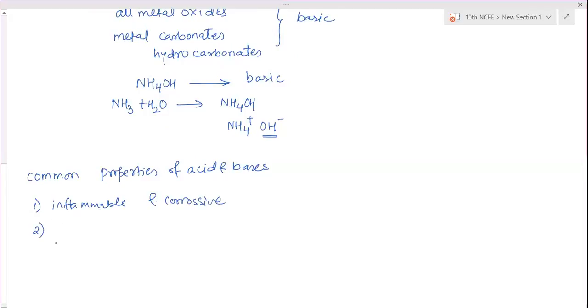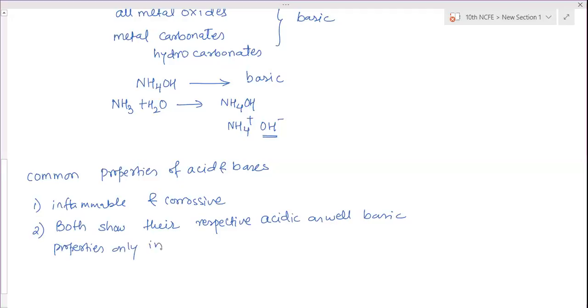Then the second one: they show their respective properties only when dissolved in water. Both show their respective acidic as well as basic properties only in the presence of water.